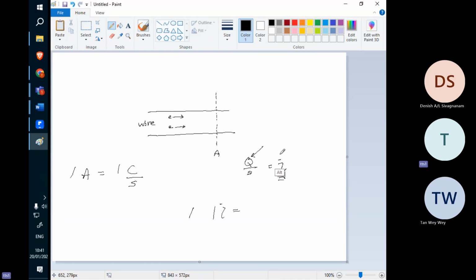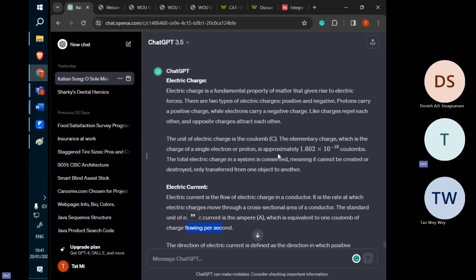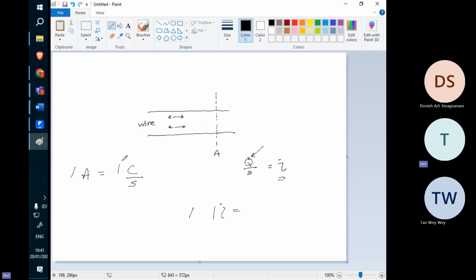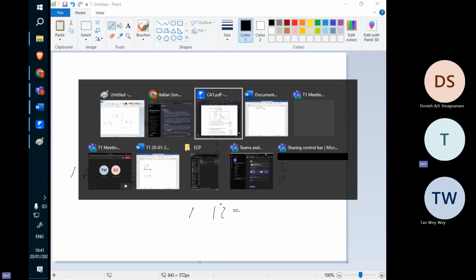One electron carries a very small amount of charge, only 1.6 times 10 to the minus 19 coulombs. So 1 coulomb is actually a very huge number. Don't be fooled by this one. It is a really large number, because one charge is only 10 to the minus 19. But this is just background only.